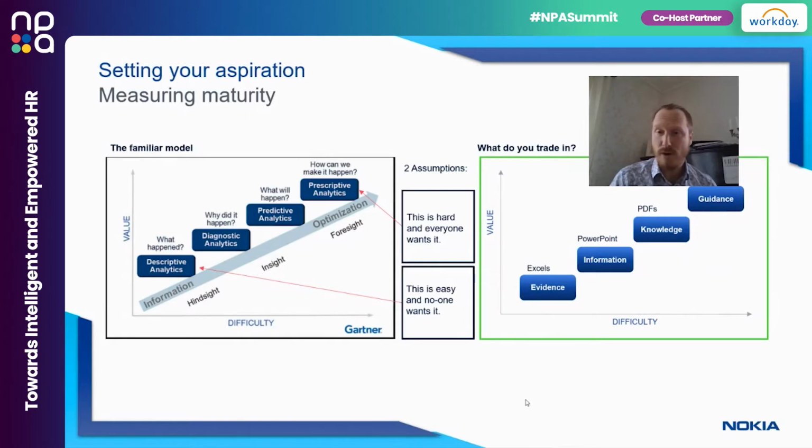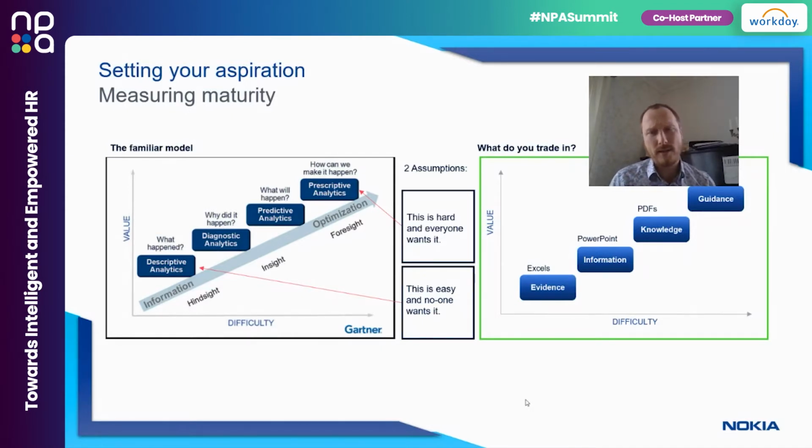We can develop knowledge, i.e. we can apply our own experience and expertise to use that information to predict what's likely to happen. And we can offer guidance. So that's when we can combine all of the previous layers to help ensure people can trust us and work with us to build the future.